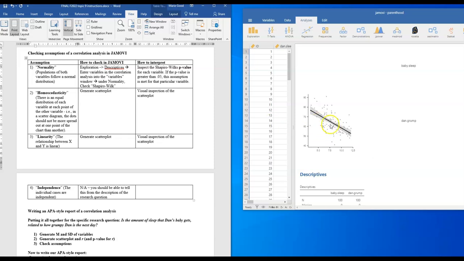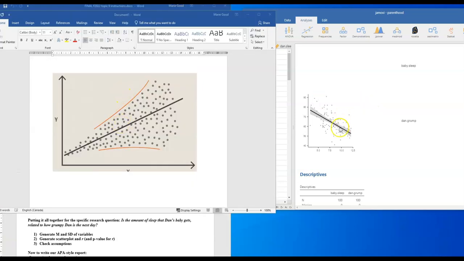Let me show you an example of something that would be really obviously violating that assumption. Just to contrast this with the example that we're working with, here's an example of a scatter plot where that assumption has clearly been violated.